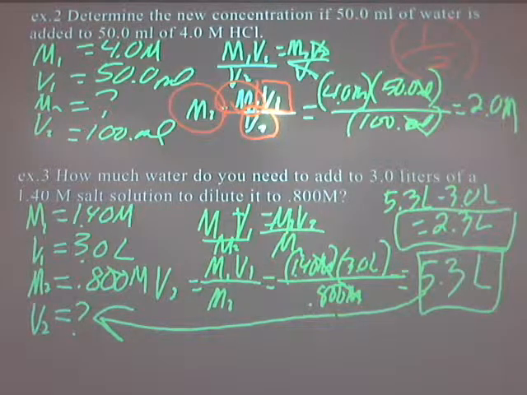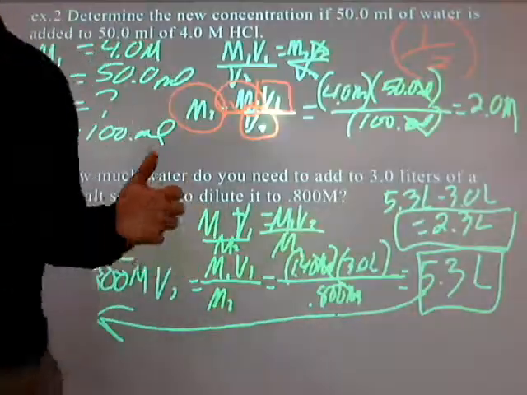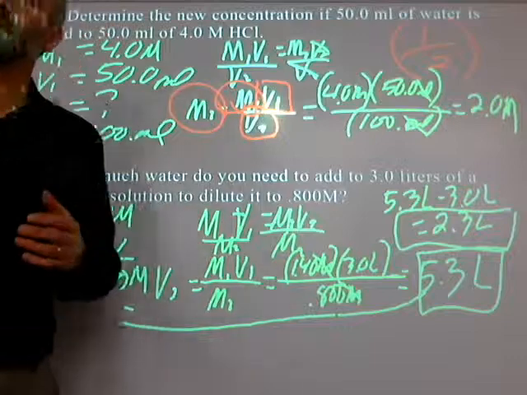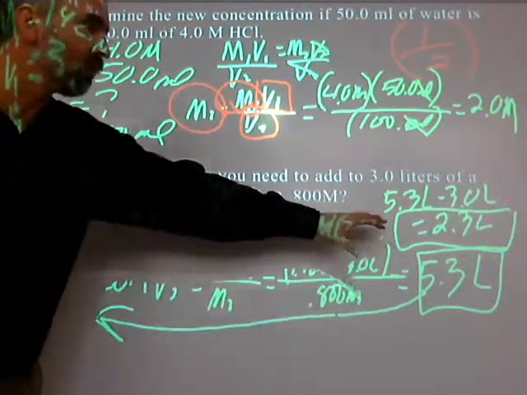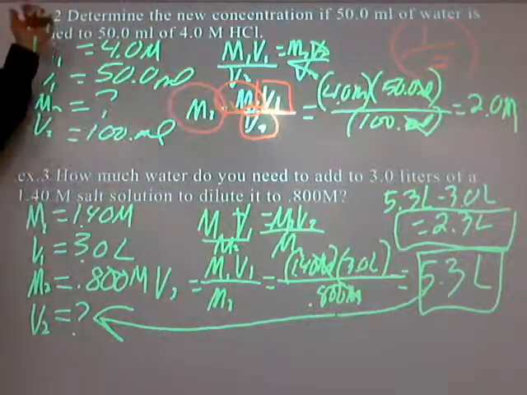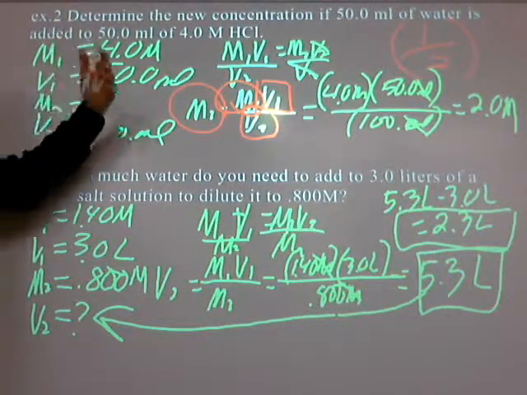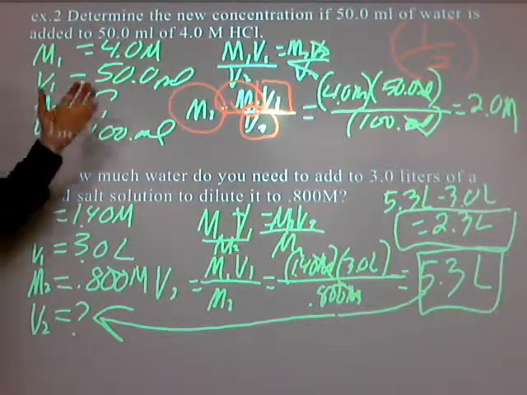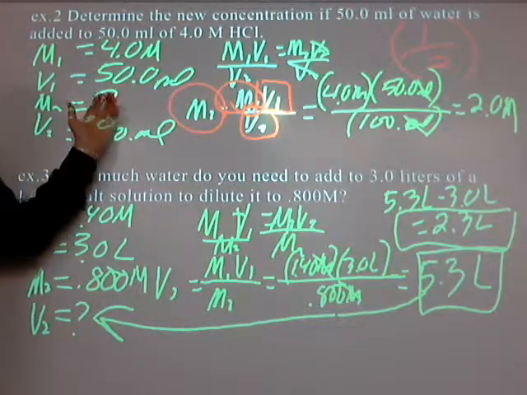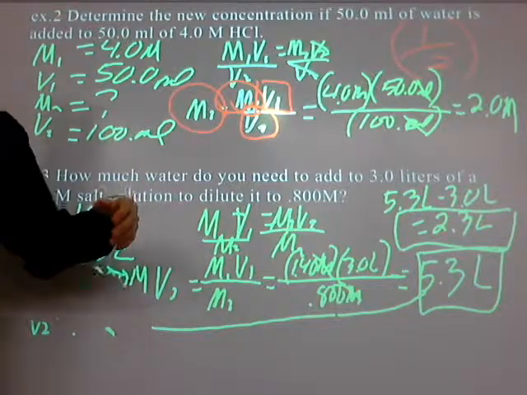Got it? So you see why this is confusing. This really is a thinking man's problem. You can't just plug and chug every time. At the end of this one, I had to realize that's not the right answer. At the end of the previous one, I said, yeah, that's the right answer, but it means I'm going to add that to how much water. It's not going to be 1.4 liters of water; I have to subtract that 70 milliliters away. So you have to keep all that in mind when doing these.